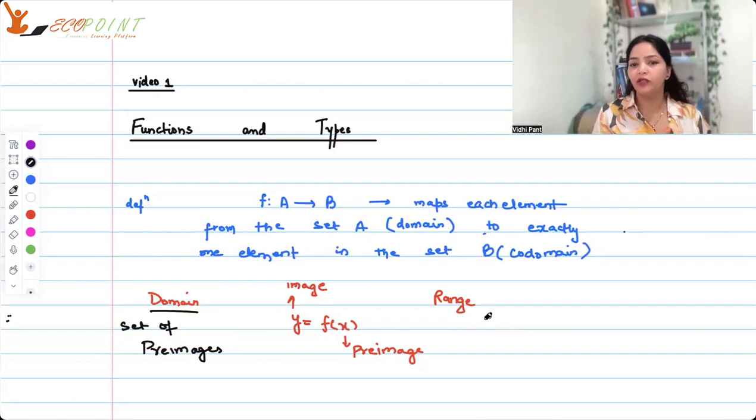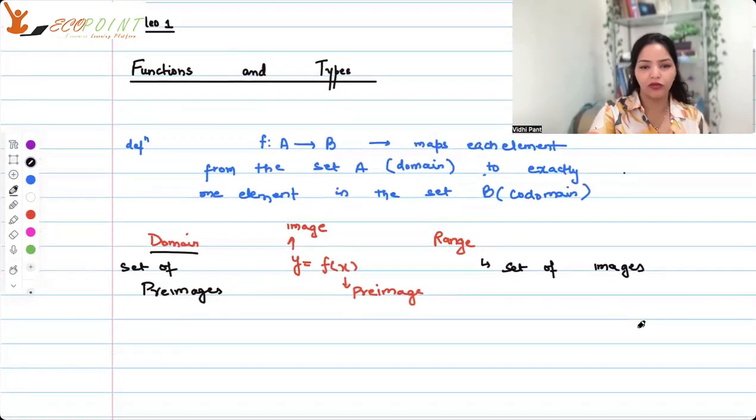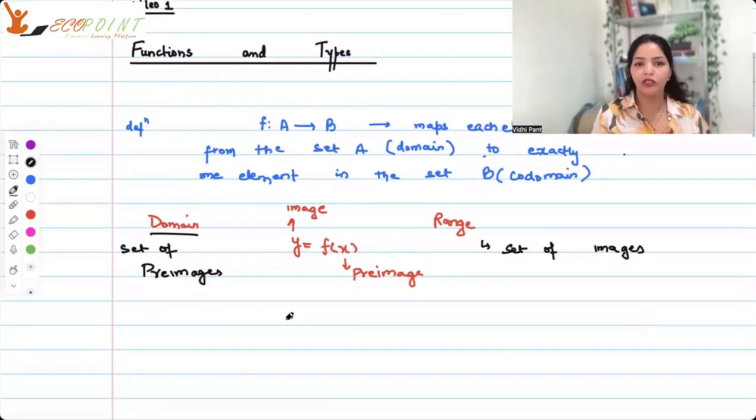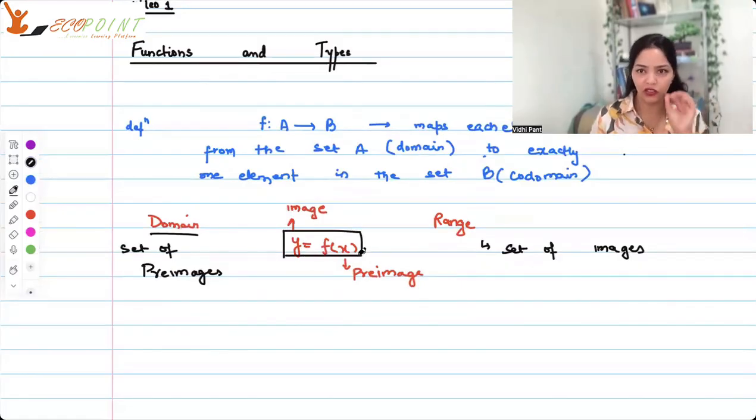And what is range? Range is the set of images. These are the two most important things that you should remember. Notation, as I've mentioned, you have y equals f(x). In case f is a function, then each x has a unique y for it.